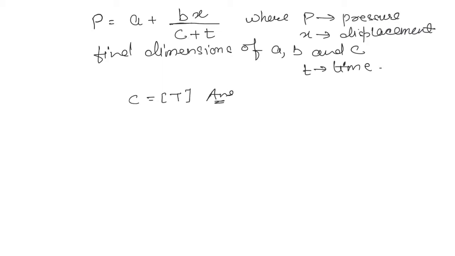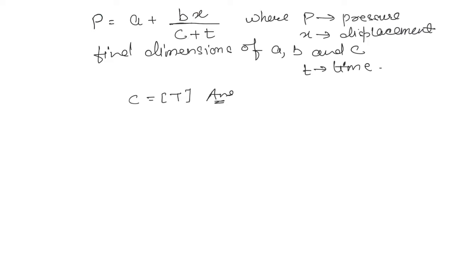Now you can notice one thing, that this is pressure, so pressure plus pressure will give you P. देखो A plus BXC plus T, this will be pressure. Pressure plus pressure will give you pressure.